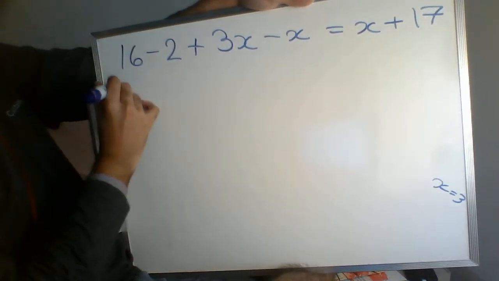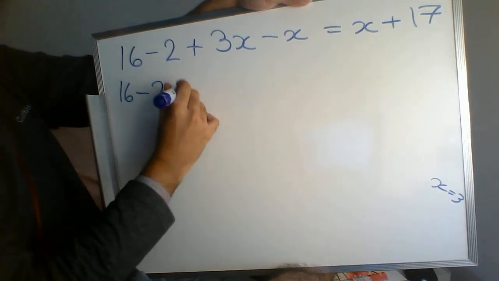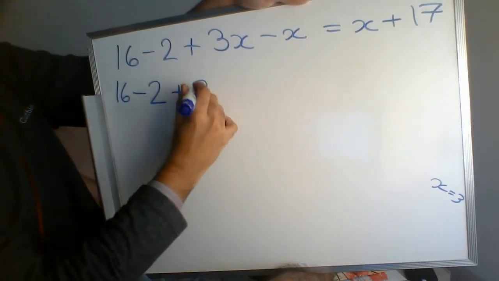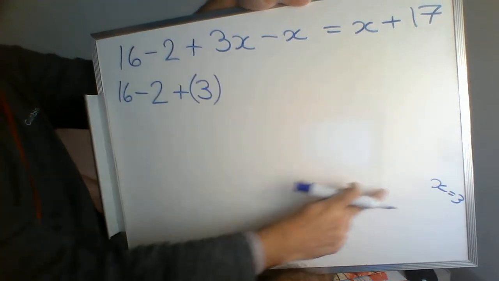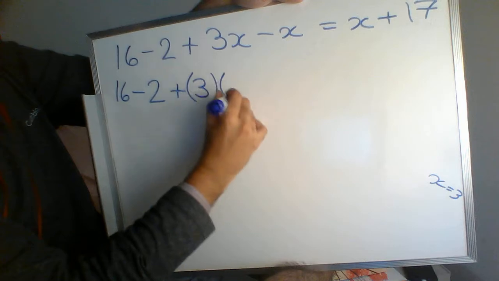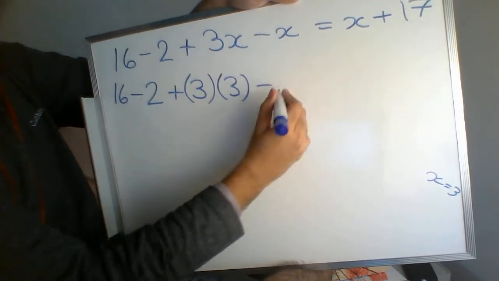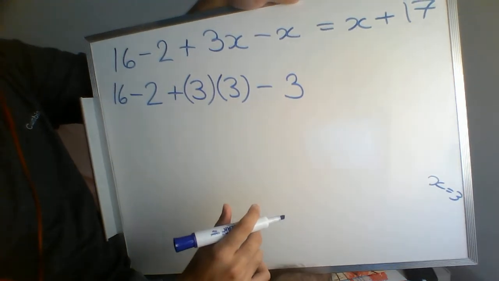Alright, so up here, the 16 I don't have to change. The minus 2 that I'm subtracting there I don't have to change. Here I have to make a little bit of a change because now we have to actually sub in that x equals 3. So this is 3x, that means it's going to be 3 times 3. And then we've got minus x, which is just 3.